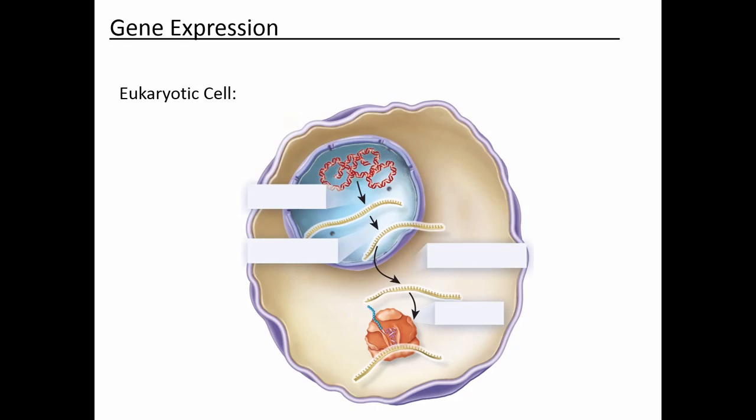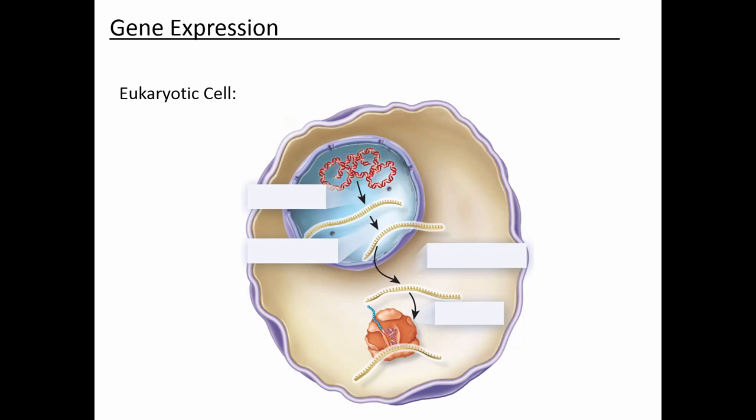The third box over here to the right is export of the RNA out of the nucleus. And the very last box again is translation.